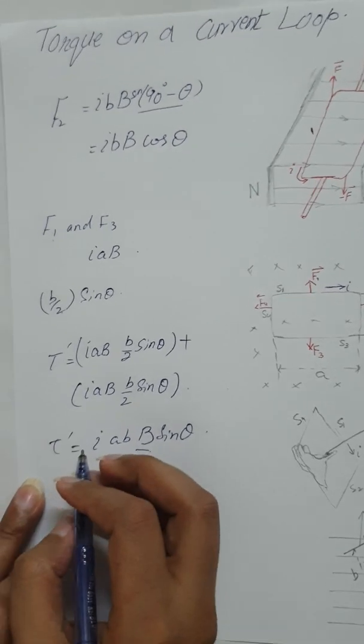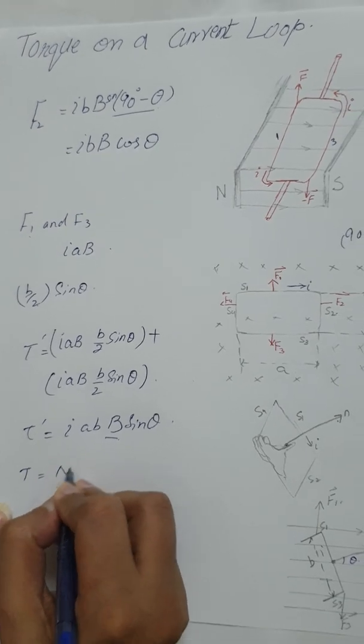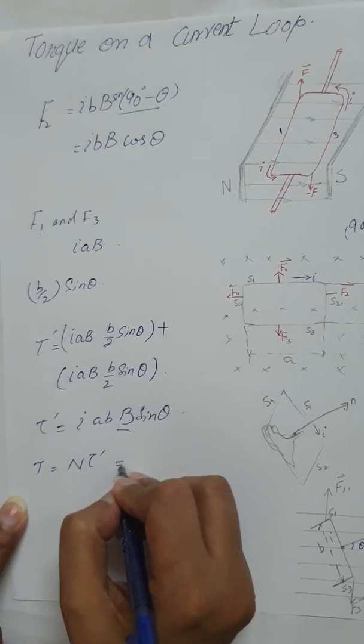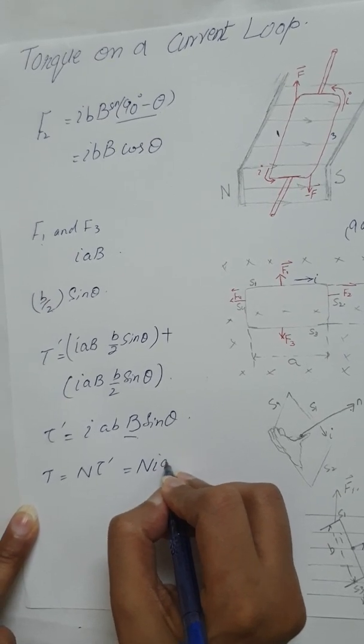Then the total torque on the coil has the magnitude, and we will multiply this one with the N turns.